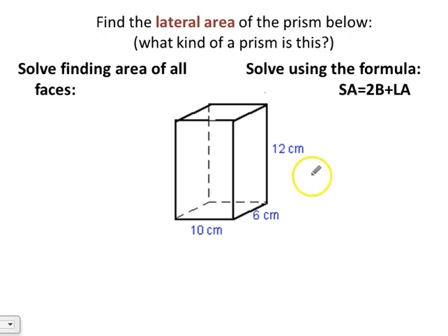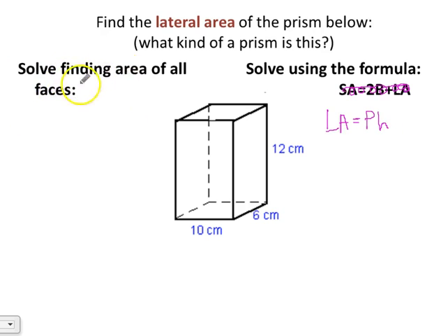So let's do that. Let's find the lateral area using both methods that we just talked about. Lateral area equals the perimeter times the height.